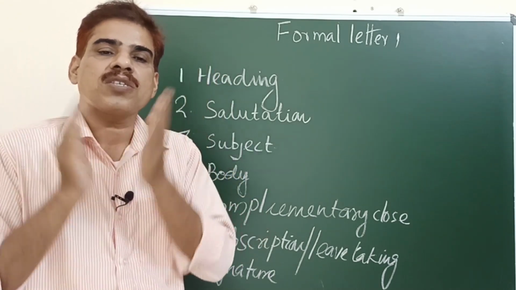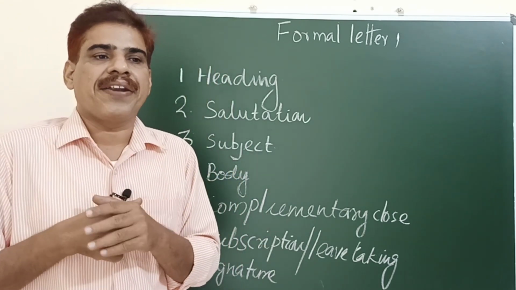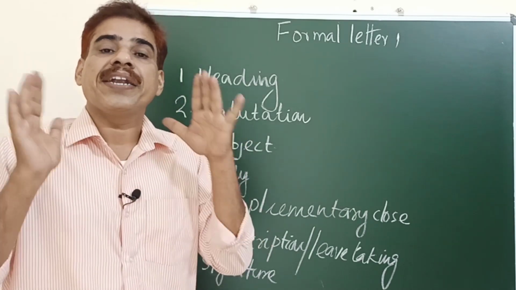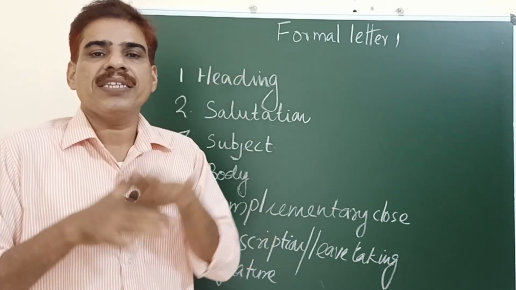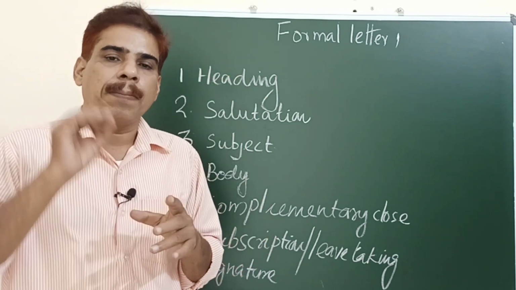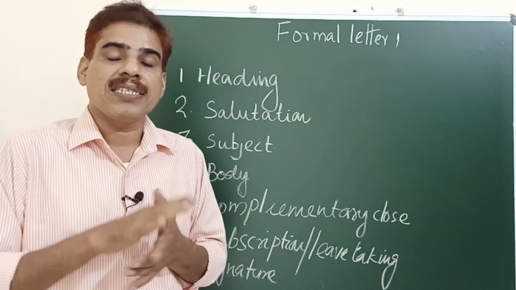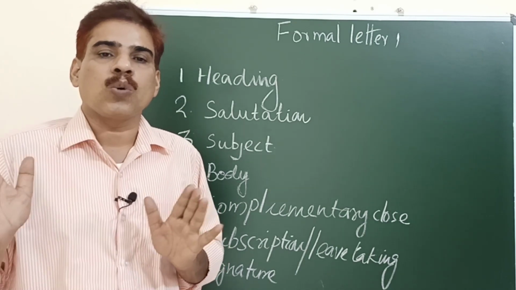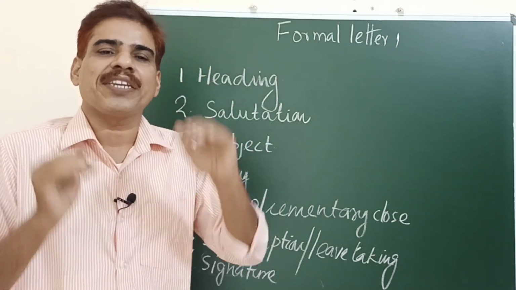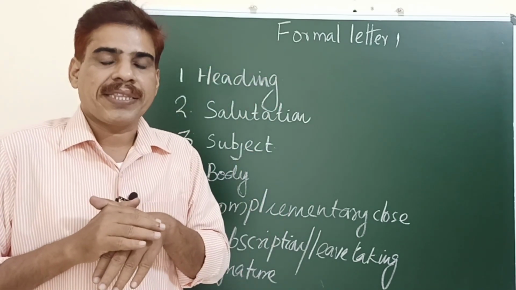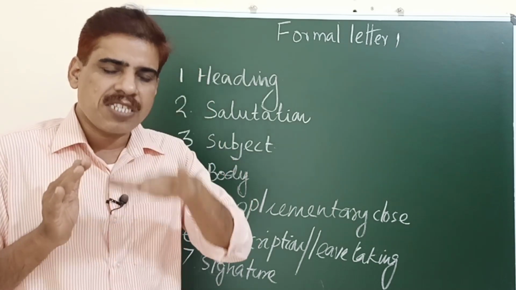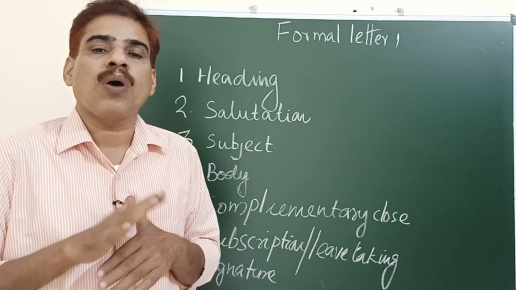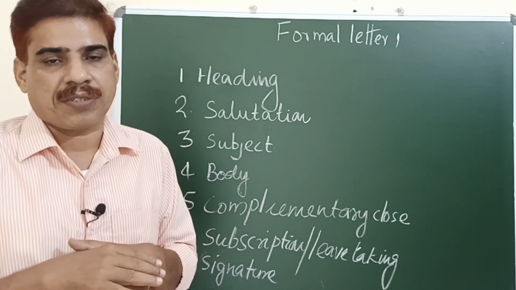Heading part consists of sender's address, receiver's address with date. So that part is complete. Example, you can write Grace Mahal, MG Road, Bangalore. Suppose, imagine that is your address. Then you can write just below the receiver's address, to whom you are writing the letter.